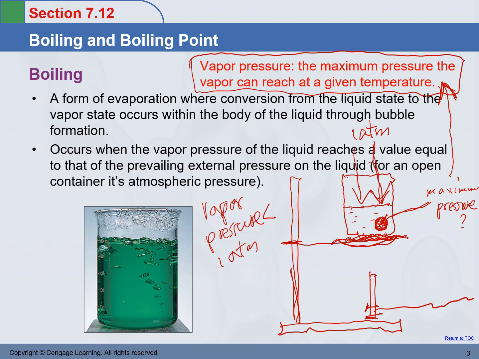There's no way it can form that bubble. Does that make sense to you? And that is why at room temperature, evaporation only occurs on the surface of the liquid. Inside the liquid, there's no bubble. All right. Now let's start the Bunsen burner.